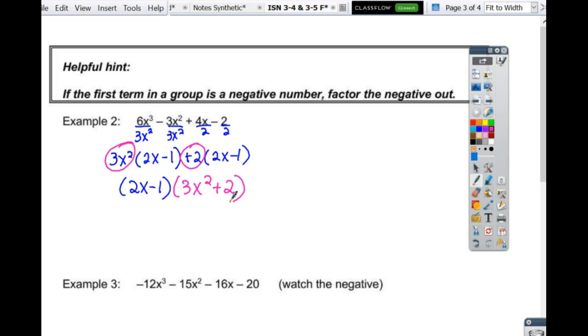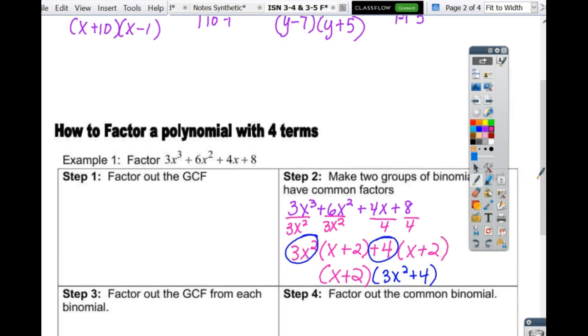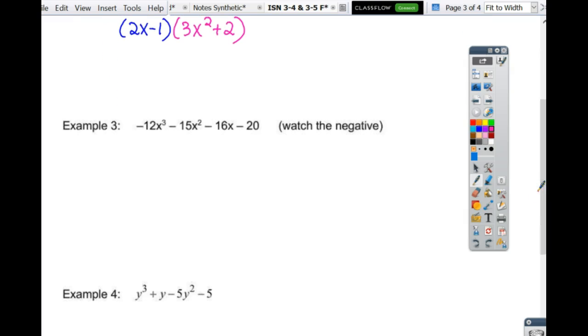So, before I do the next one, what sign was between the two groups? Positive. On the first one, what sign is between it? Positive. And you always need this to be a plus. And if it's not a plus, you have to divide by a negative. So that's the only thing you have to remember, because right here, what's between them this time?